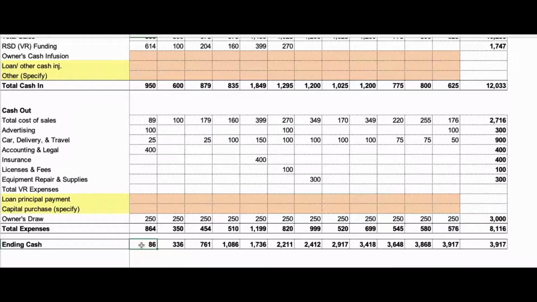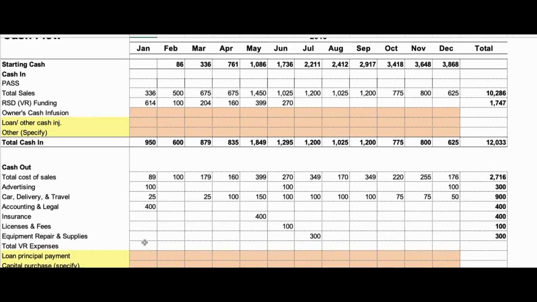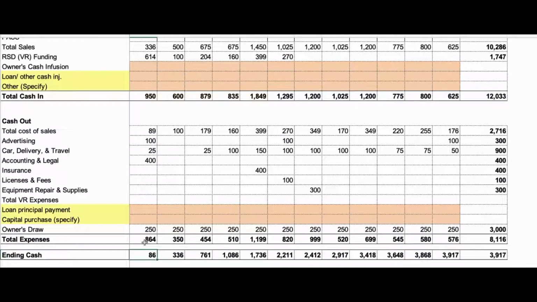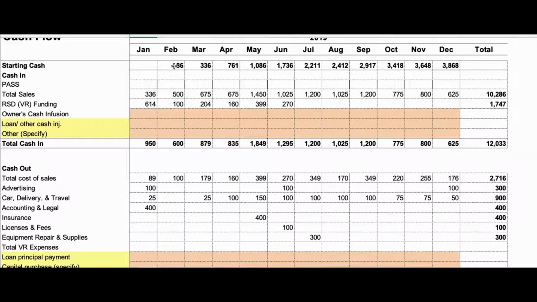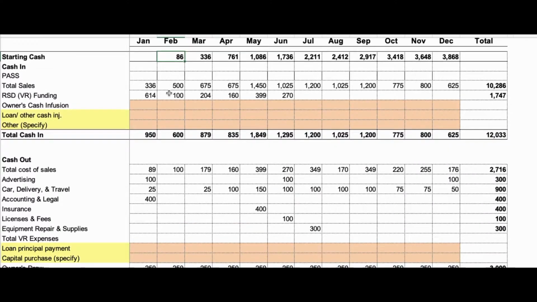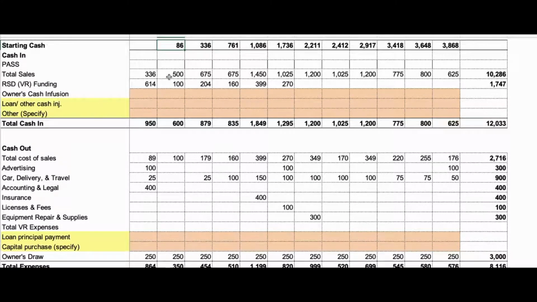That same ending balance, the $86 for the month of January, becomes the starting balance for February. So in February, he begins with $86 in the bank account. He pulls in sales income of $500 plus another $100 from VR for total cash in of $600.